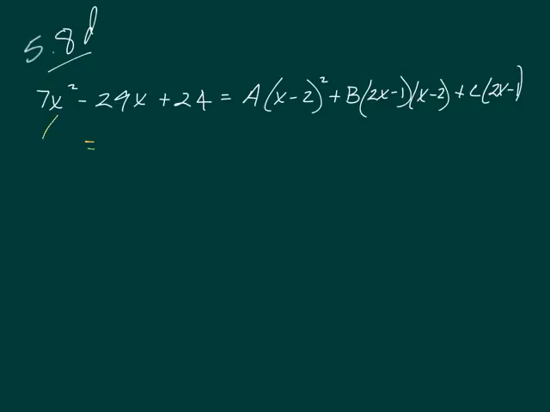So, a times x minus 2 times x minus 2, FOIL that, x squared minus 4x plus 4, plus b, and I'm going to FOIL that, 2x squared minus 5x plus 2.